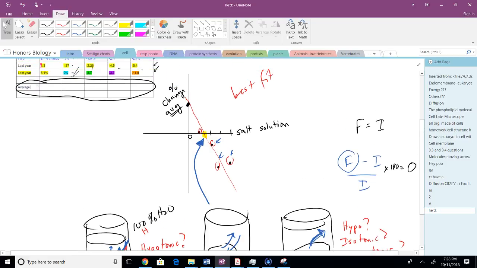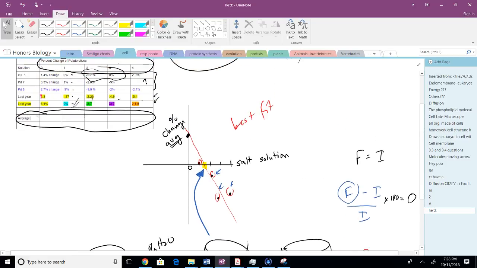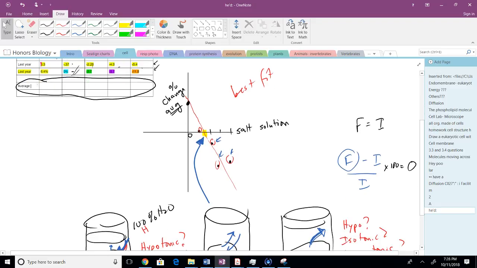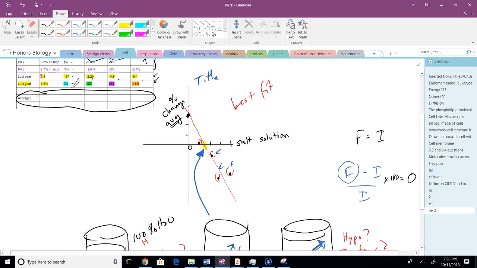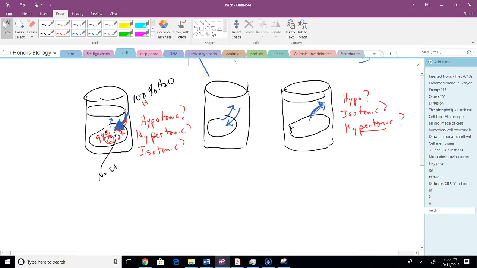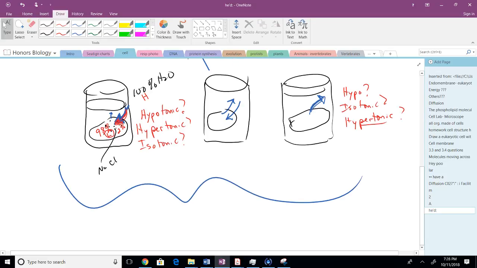So what I would like you to do for class today is graph in your lab book a graph like this. And of course, it should be scaled. I'm missing my scales. I'm missing a title. I'm missing my numbers here. But of course, you'll do a better job. I would like you to draw a picture like this that I have that shows a little bit neater where the water is moving.